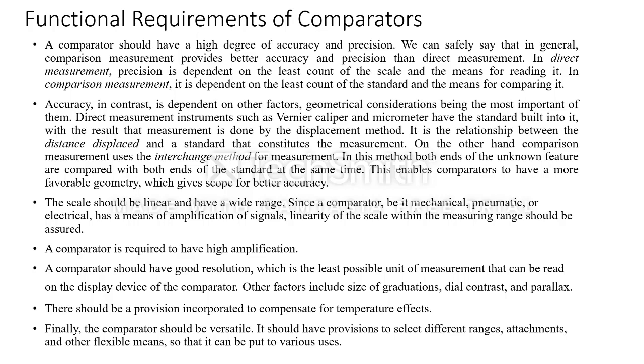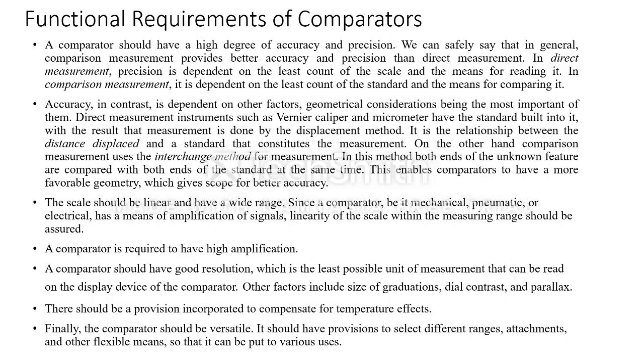Now coming to the accuracy, in linear measurements like vernier caliper, the accuracy depends upon the geometry. Mostly it is a form of distance displacement. But in the case of comparators, this is an interchange method.